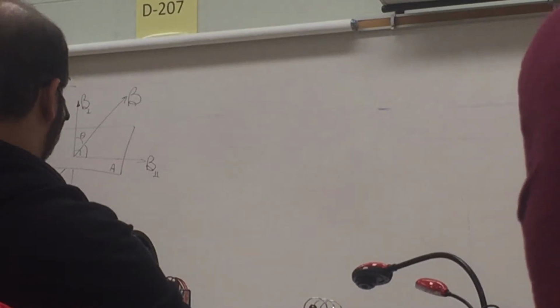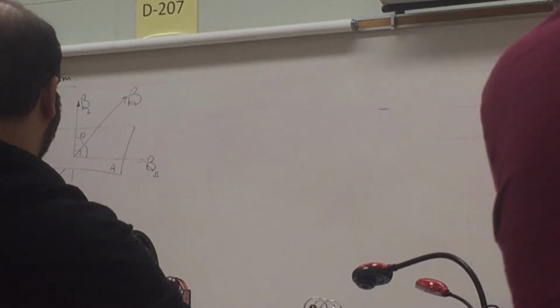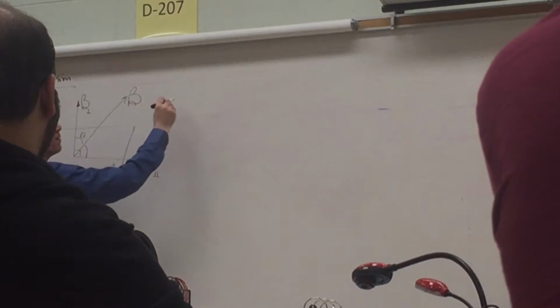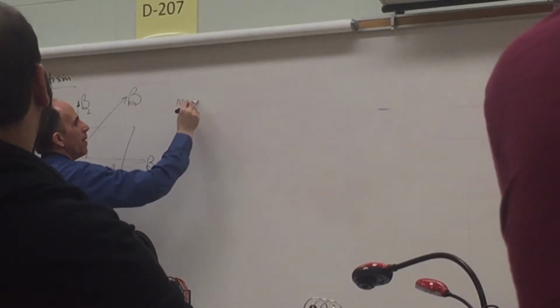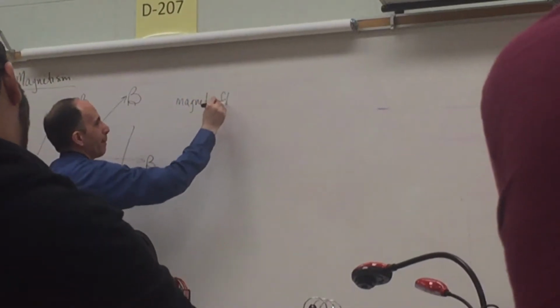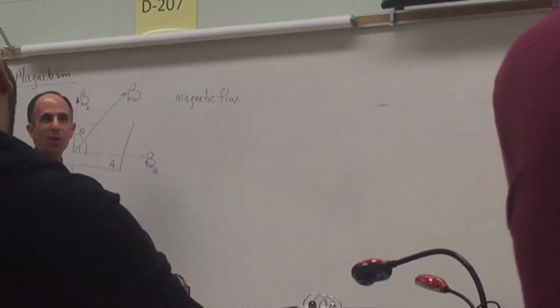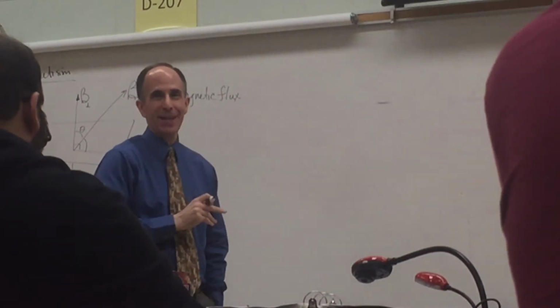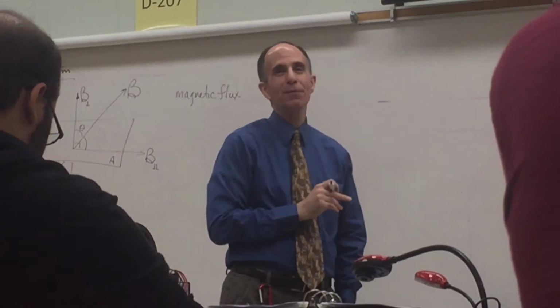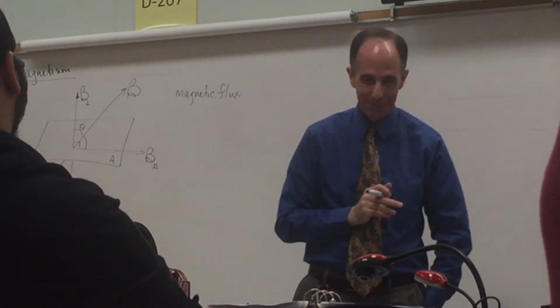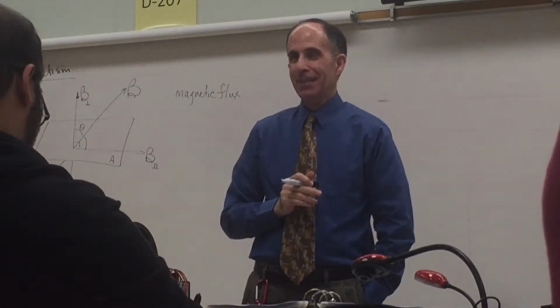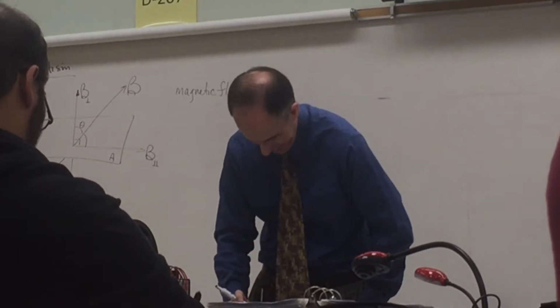The problem is they have a lot of different terms to define this stuff. What we're going to look at first of all is what we term the magnetic flux. Does that word sound familiar at all? You've never heard the word flux before? Oh, you put it on the solder.